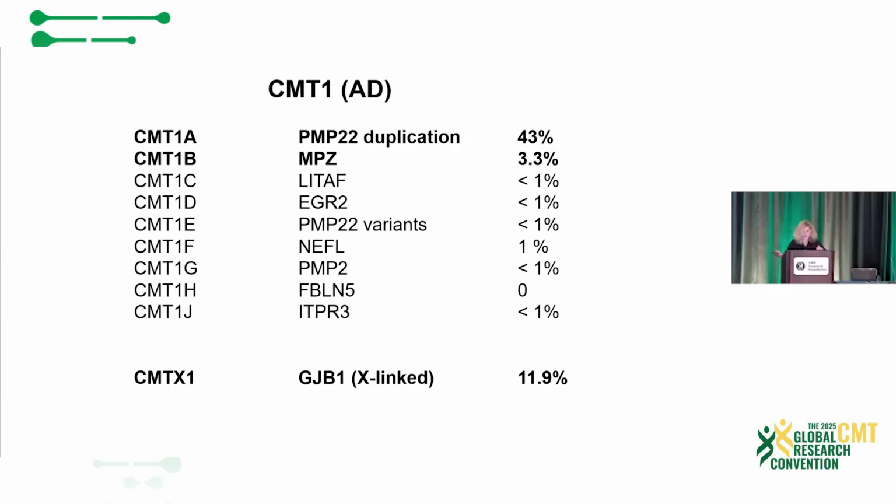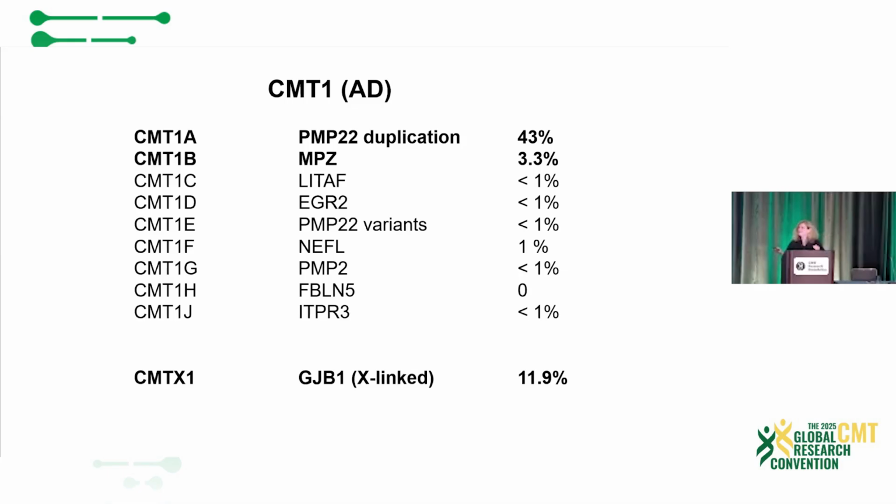In our series of 1,700 patients, 43% had CMT1A due to the PMP22 duplication. CMT1B is reasonably rare at 3.3%, X-linked GJB1 is 11.9%, and all of the others are extremely rare, about 1% or less.